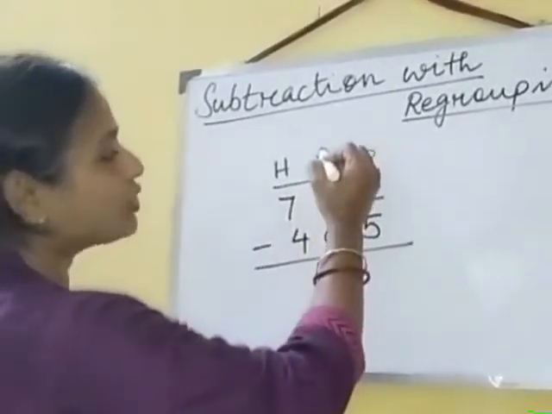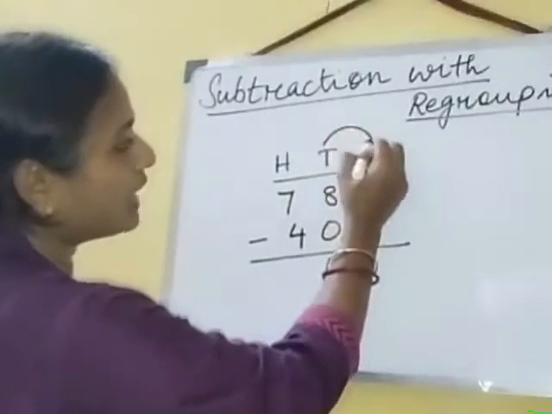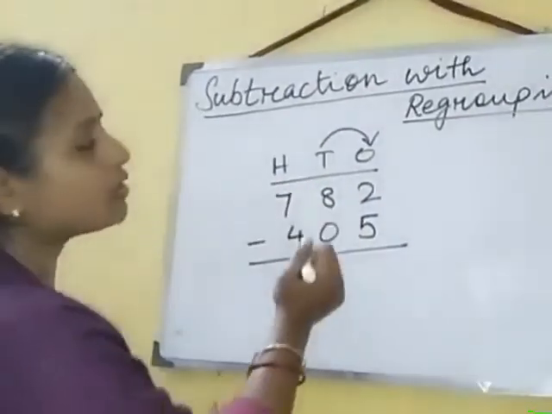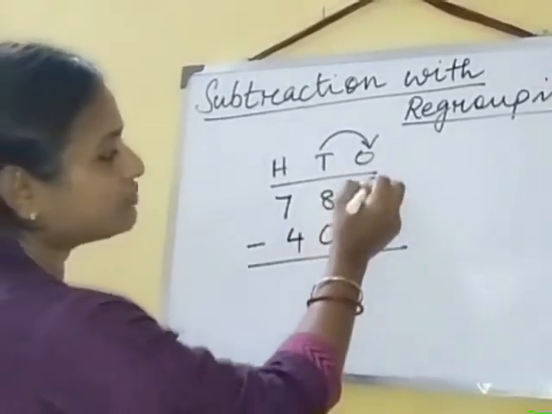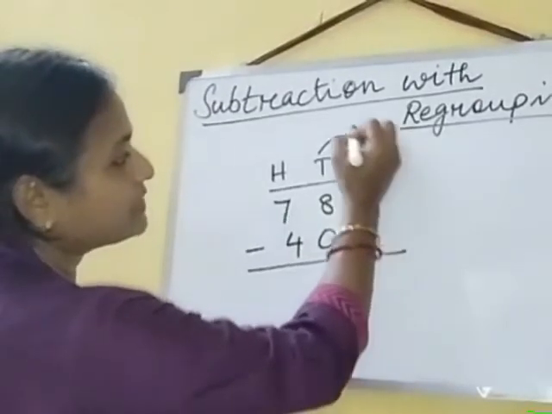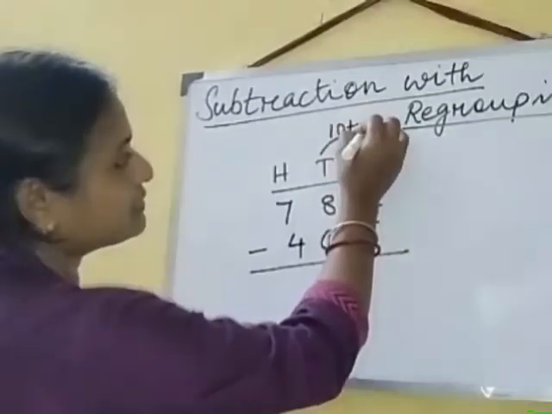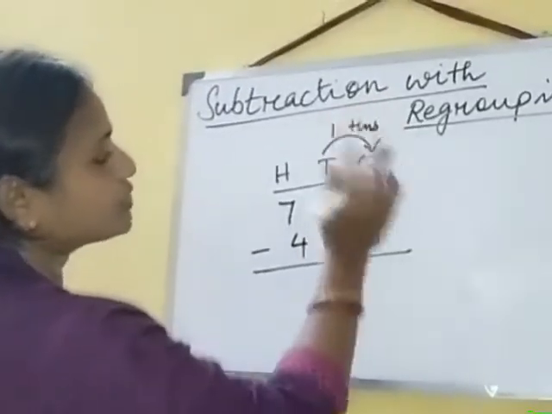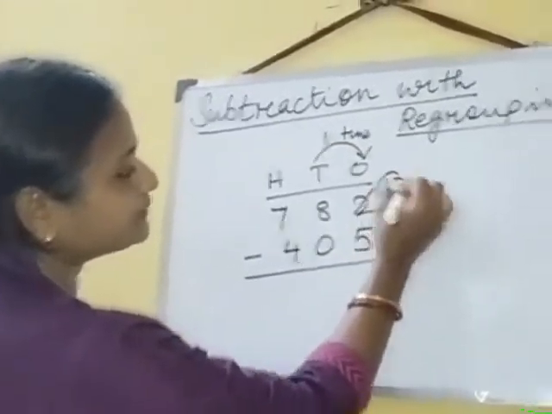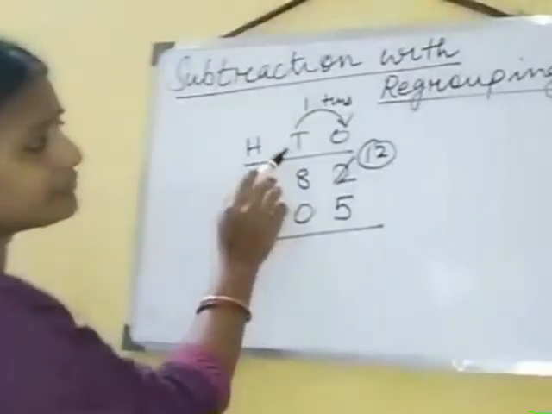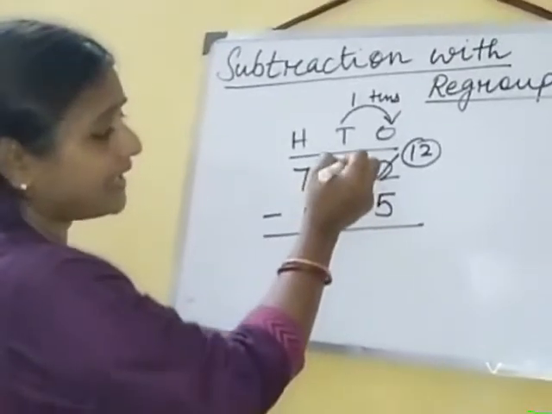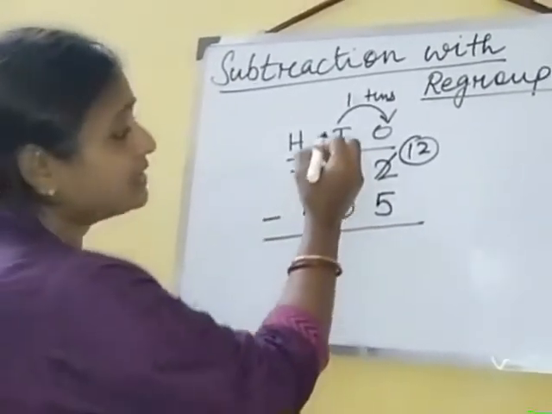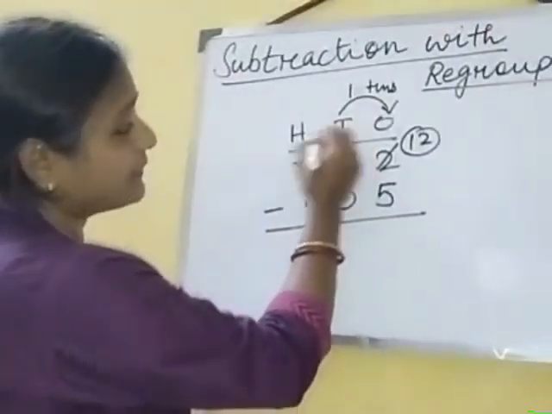So, we have to borrow 1 from tens place. As we borrow 1 from tens place, 12 will come here. And as we borrowed 1 from tens place, 8 will be lessened and it will come as 7.